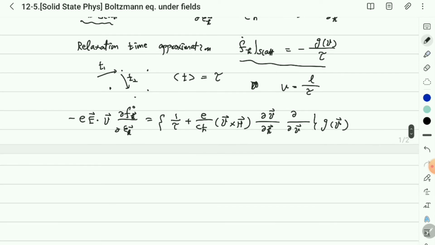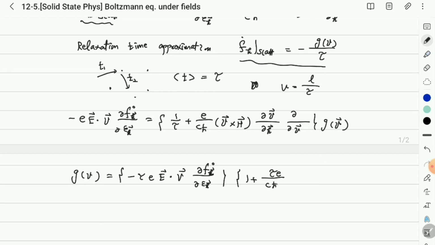Even though we do not know the exact functional form of g, it has a function with minus tau e dot v partial f_k^0 over partial epsilon_k, and 1 plus tau e over ch bar v cross H in partial v partial k and partial v.